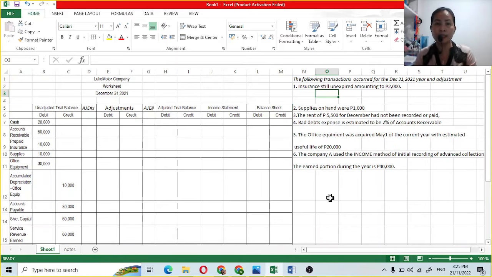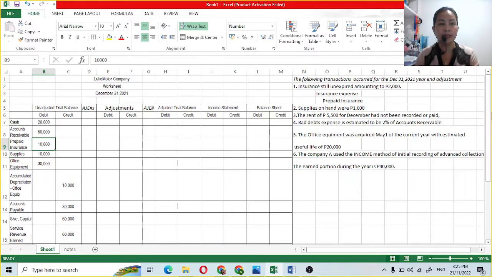I will not write an explanation anymore because our emphasis here is the worksheet. So, that is debit insurance expense, and then credit prepaid insurance. How much? We adjust 2,000. The 10,000 recorded as insurance means the company used the asset method.